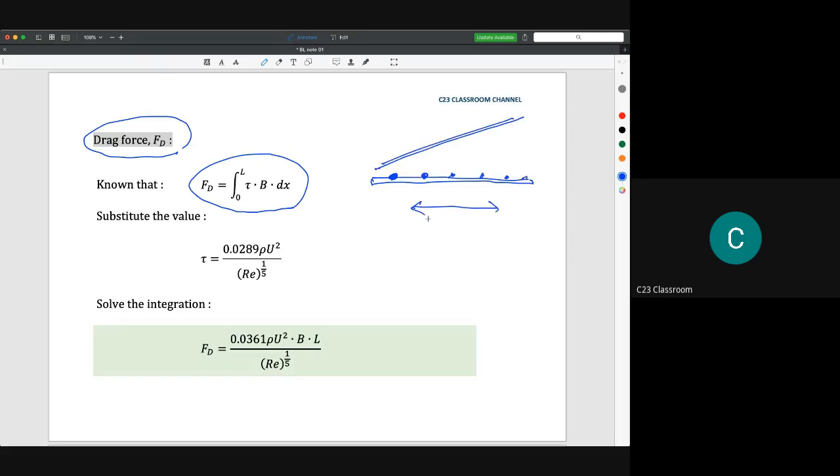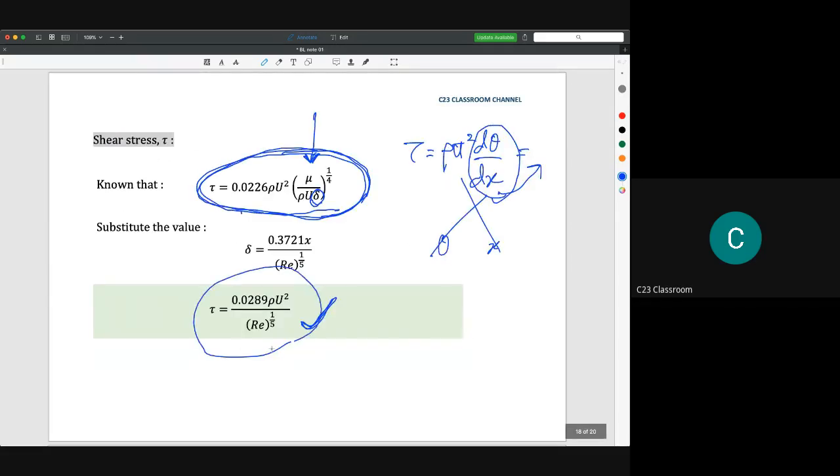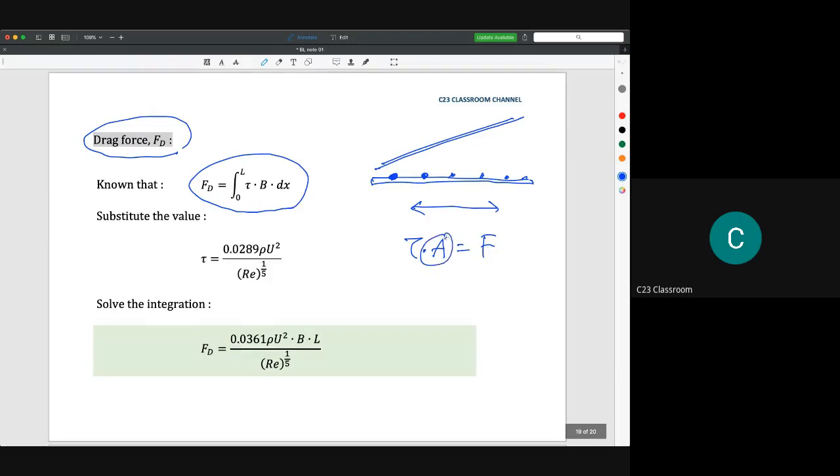That's the first idea that you should know, because normally students will make a mistake. They assume that tau times A will give you force. So they calculate the value of shear stress times area. Yes, you will get force, but that's not the drag force.